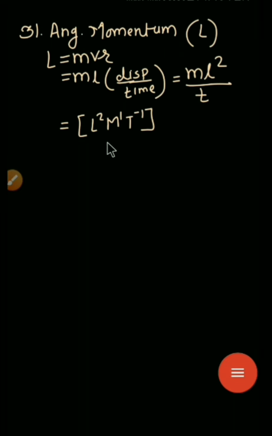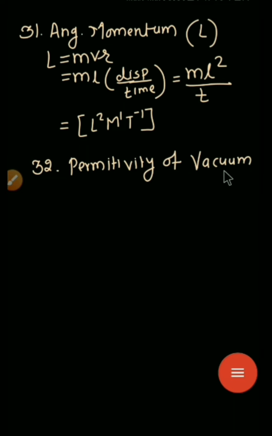Then we have permittivity of vacuum, or we can write free space, which is denoted by epsilon naught.